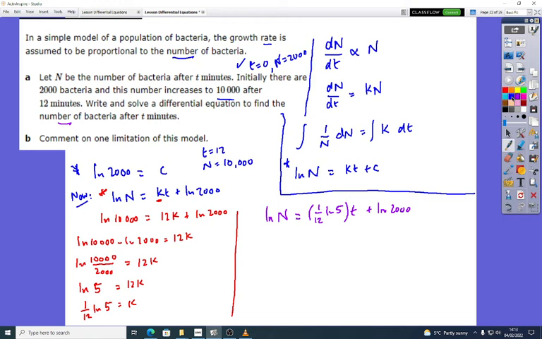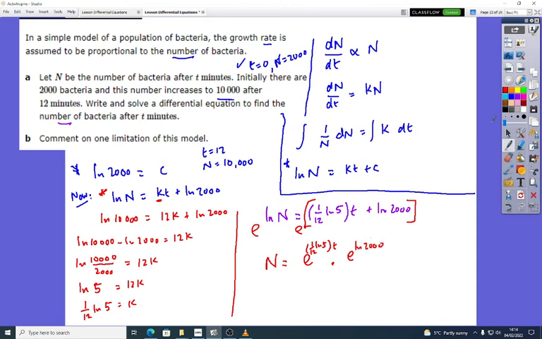So we just need to get rid of the ln, so I'm going to e both sides. Put a big bracket here and e both sides. So e and ln cancel each other out. I'm just going to get n equals e to the power 1/12 ln of 5 times t, times e to the ln of 2,000.